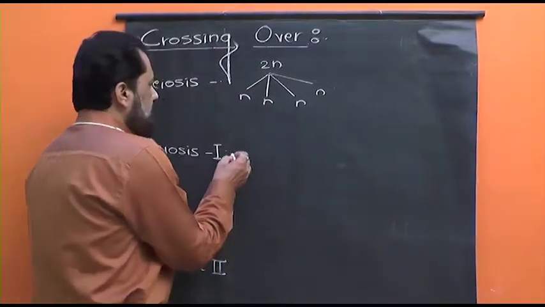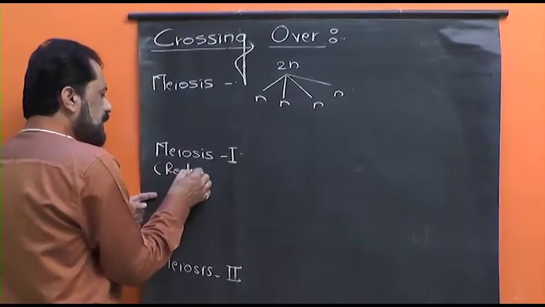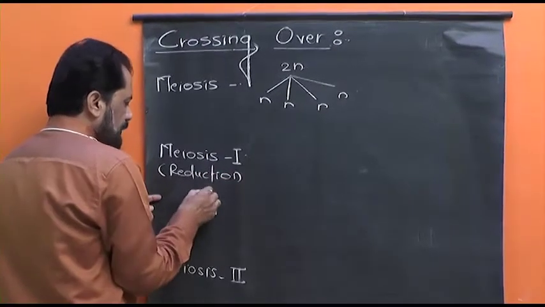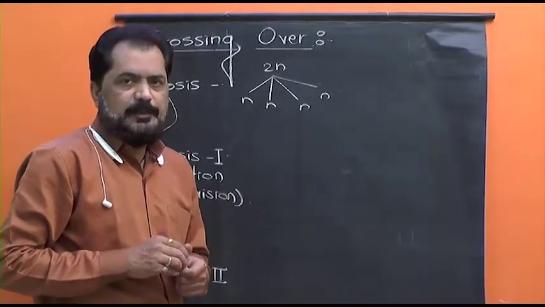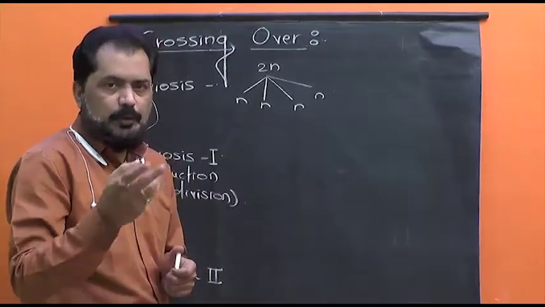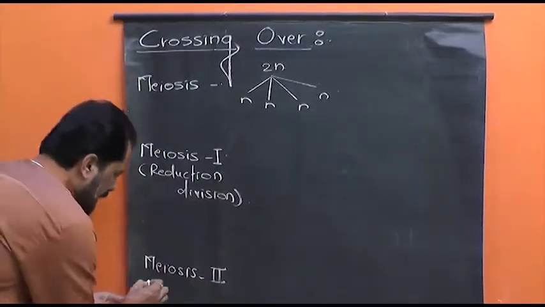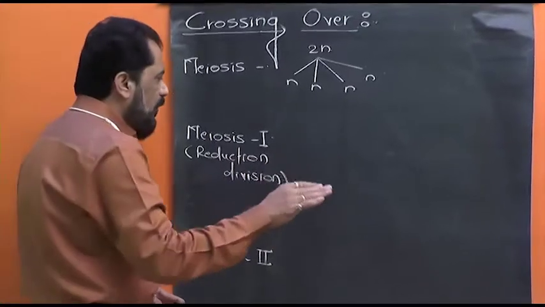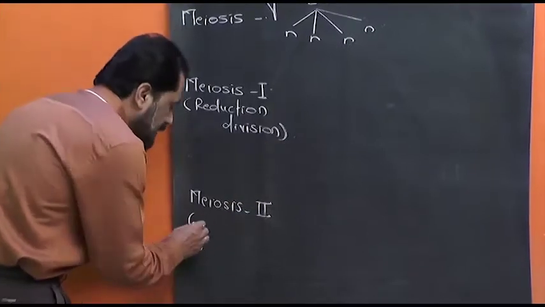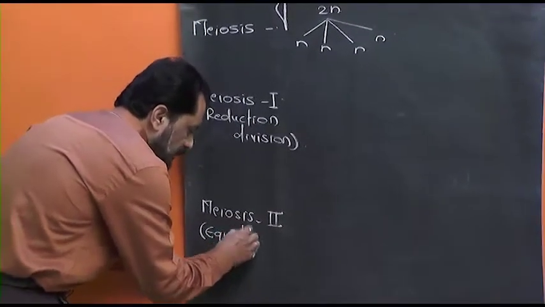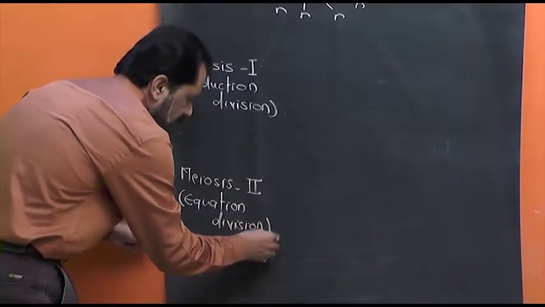Meiosis first is the true reduction division, because during meiosis first the diploid parent cell divides to form 2 haploid daughter cells, and in meiosis second those 2 haploid cells formed at the end of meiosis first further divide mitotically, that is equational division, to form 4 haploid daughter cells.